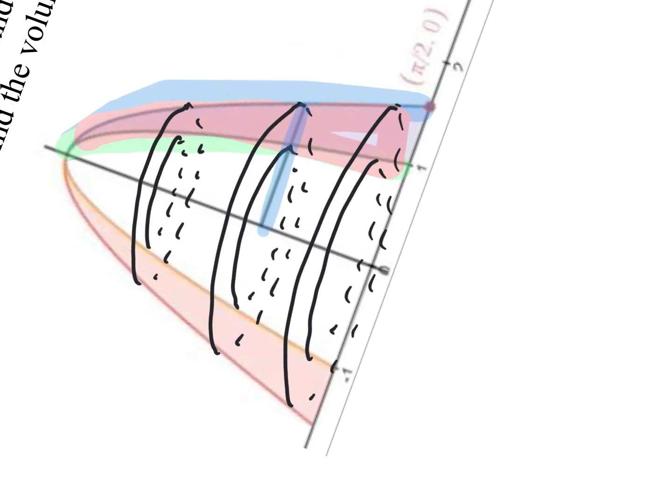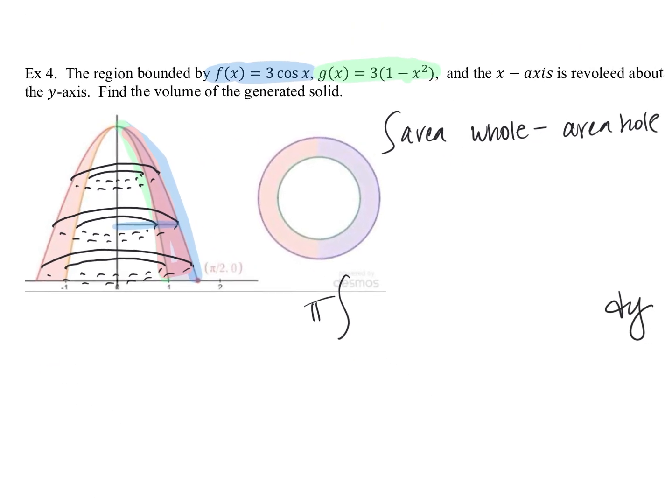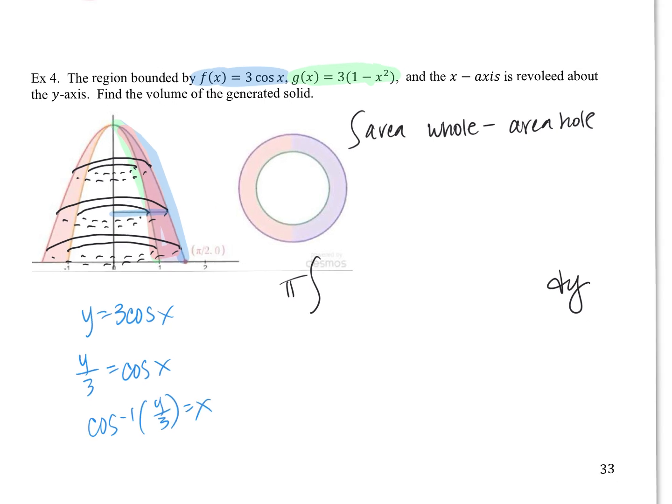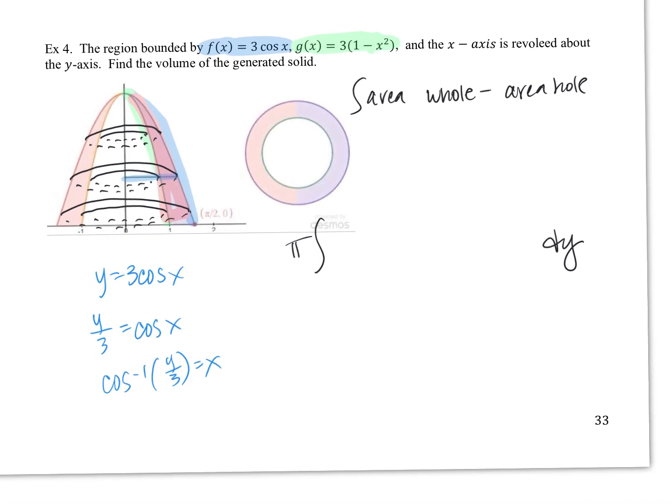It's the blue function, and blue is 3 cosine of x. Anyone remember how I can get 3 cosine of x as x equals? Divide by 3 is our first step, and then inverse cosine. Awesome. That's partly why I did this problem, just to remind us of that, because we don't do that often in AP.